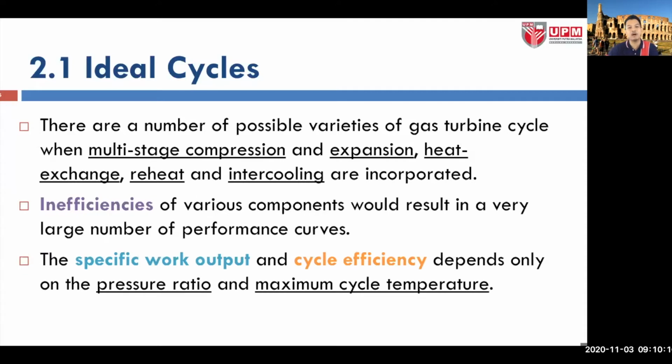And the specific work output, as well as the cycle efficiency, will depend only on the pressure ratio and maximum cycle temperature. Those are the two items that we need to consider: the pressure ratio and the maximum cycle temperature whenever we want to look into the specific work output as well as the cycle efficiency.